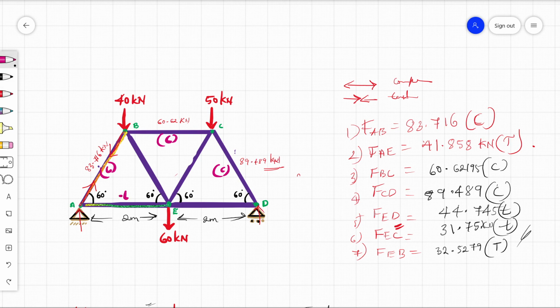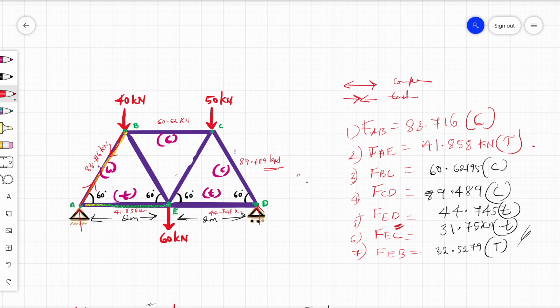Then the bottom chord is in tension, both are in tension. You have to draw this and write the value. FAE value is 41.858 kilonewton. FED value is 44.745 kilonewton.